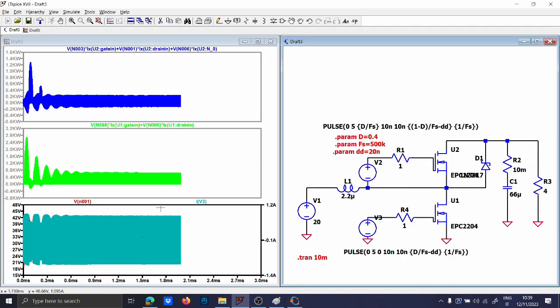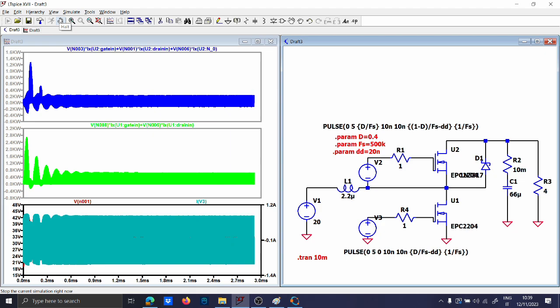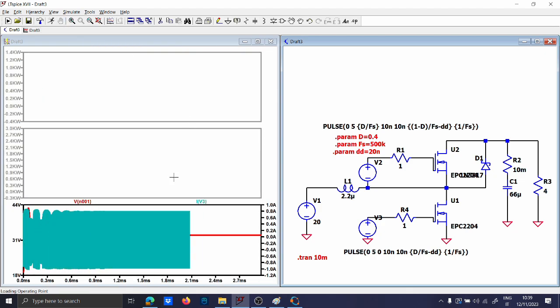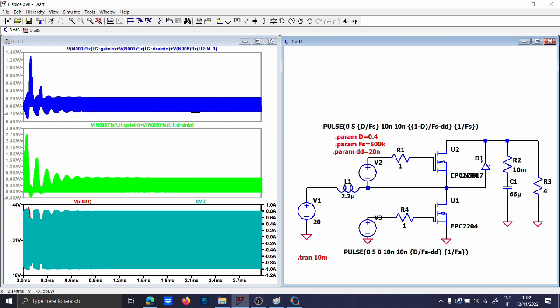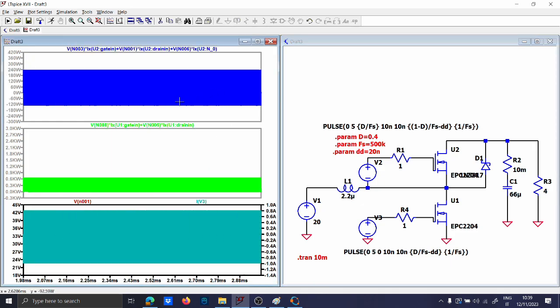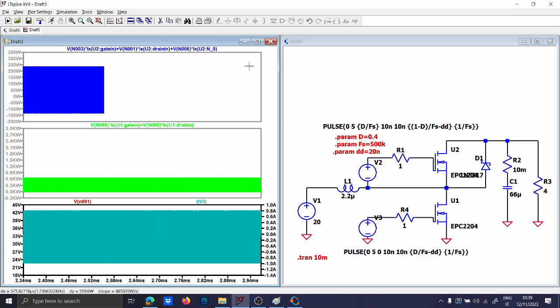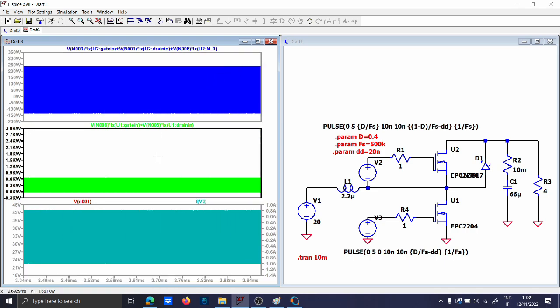Okay, so now the transient has ended. And let's take this interval here. Okay, so this should be good.